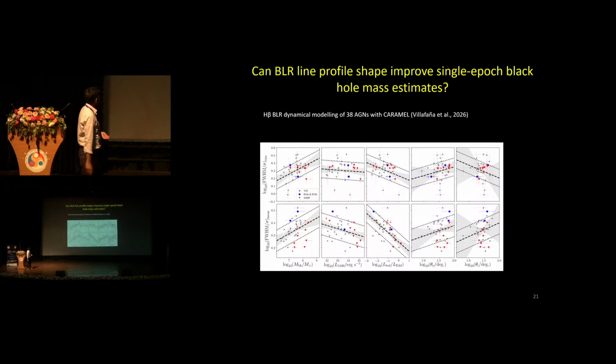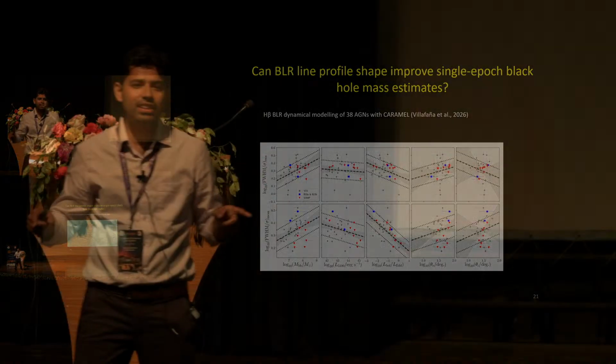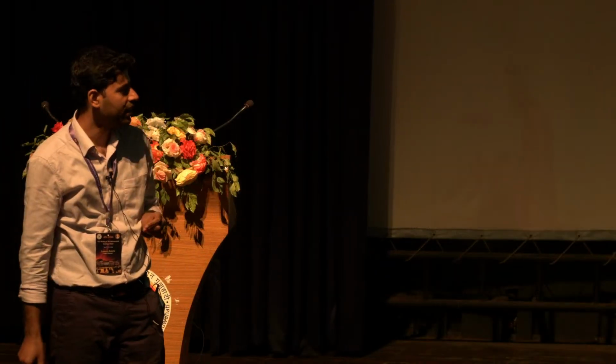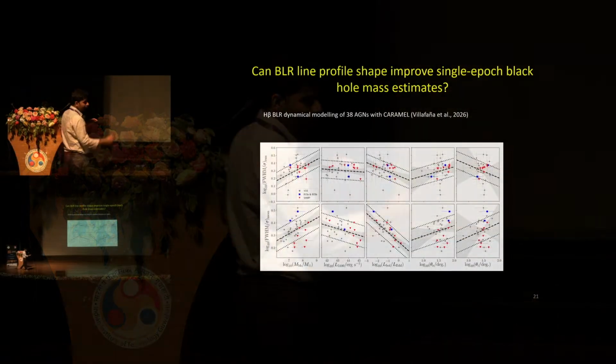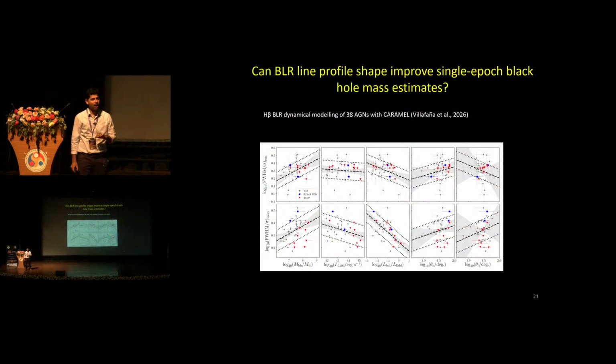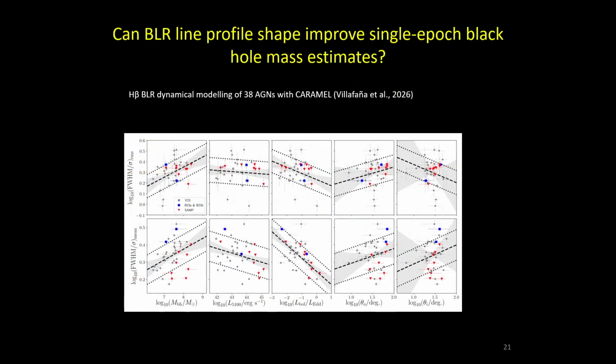Yeah. And so then we further studied, if you look at the shape of the emission line profile, they are different also. So can the shape of the line profile tell us how the black hole masses are affected? Here we plotted the FWHM, that's the line width, versus the second moment of the line, and we see that this is also a function of Eddington ratio.